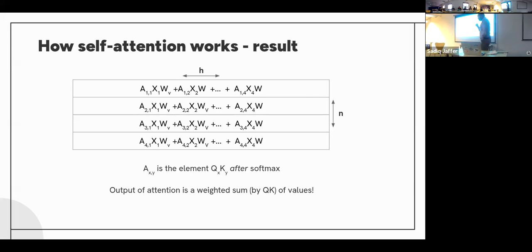So if Q1K1 is very high, but that first query vector doesn't attend to anything else, or the dot product is very low, then at that position in the output you're just going to see V1 being very high. It would usually be V1. If there's 2 that are about 50-50, then you'll see a weighted sum between the 2, right?